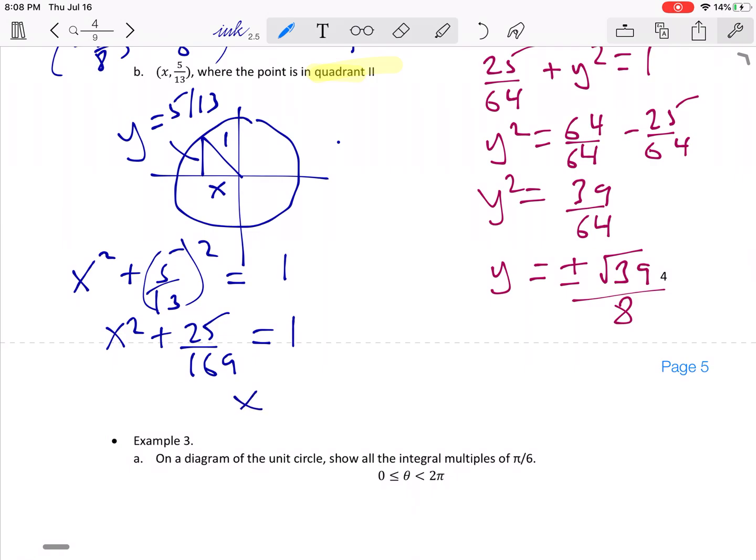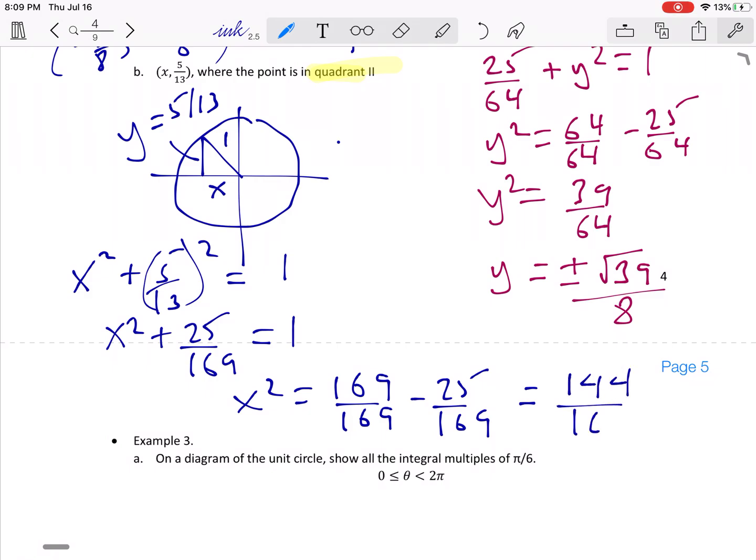And so x squared is going to equal 169 over 169, so that's just equivalent to 1, minus 25 over 169, and that's going to equal 144 over 169. And so your answer for x then is going to be the square root of that, so that'll be 12 over 13.